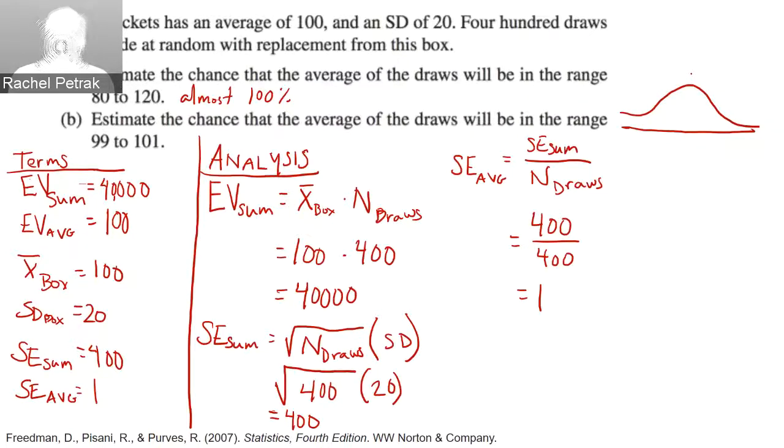We can just visualize it because we know that our average is 100 and that's 0 in standard units. And over here we have 1 standard error, and -1 standard error. And the values that correspond to these points, since the SE for the average is equal to 1, are 101 and 99.